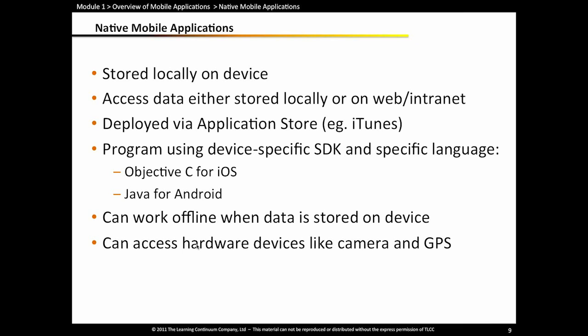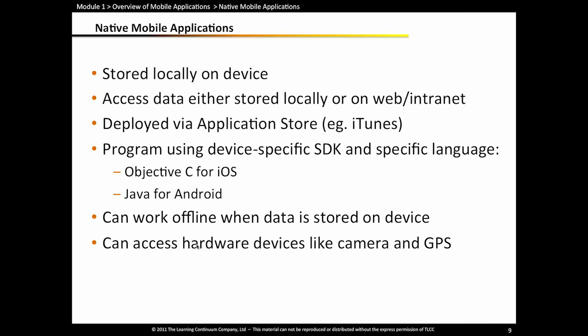Each device, whether it's an iPhone, an Android or a BlackBerry, has a specific API and software development kit, and you develop applications that are executed inside the memory space of that particular device. The data can be stored locally, or it can be accessed over the web via RPC or web services.